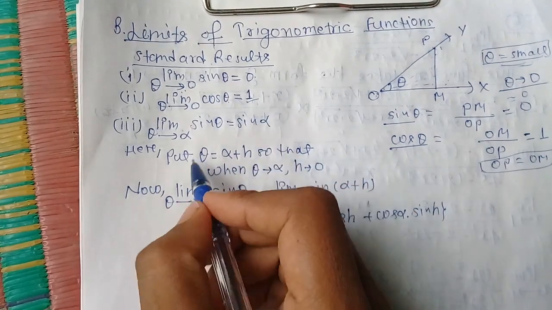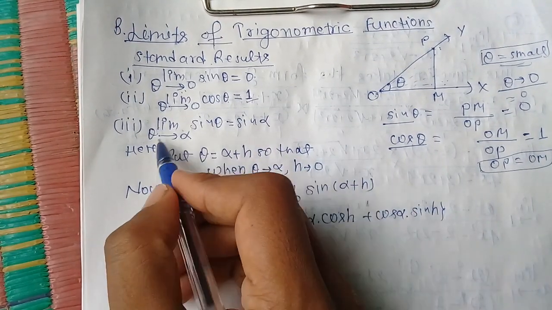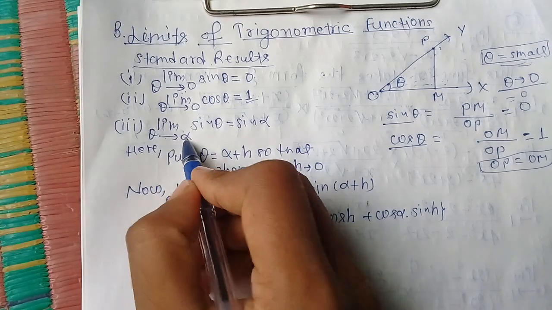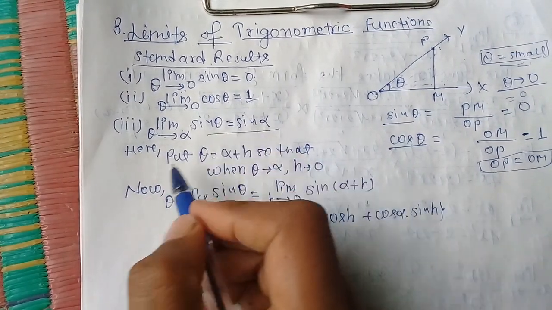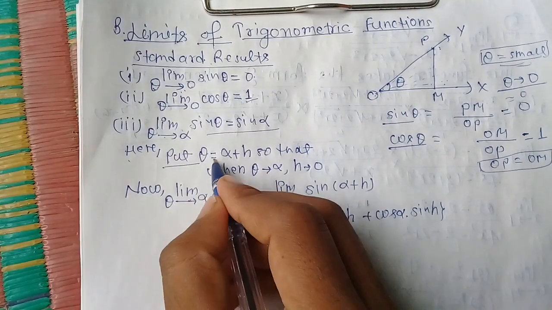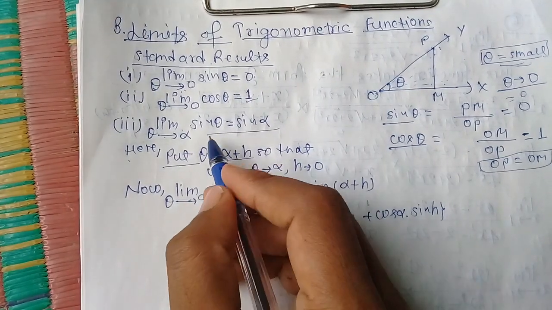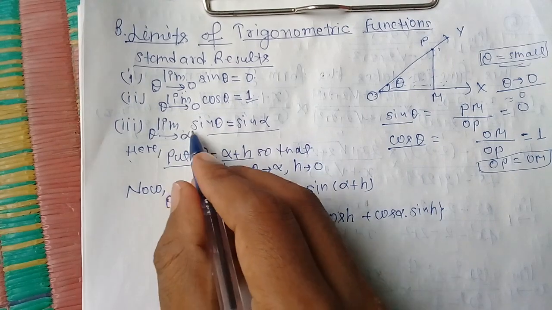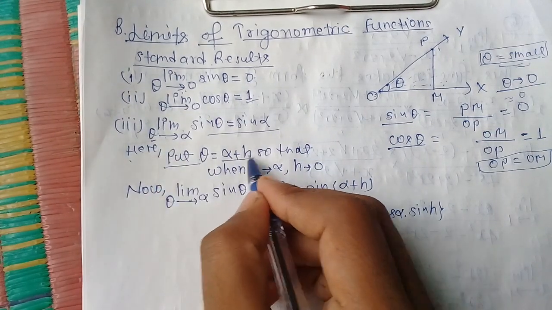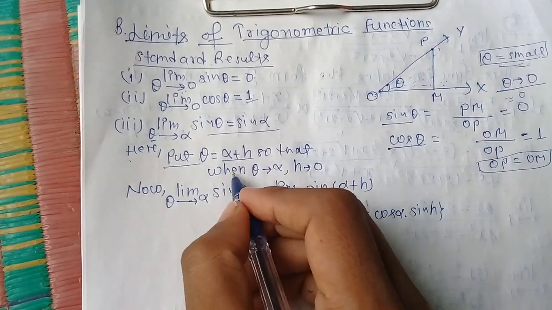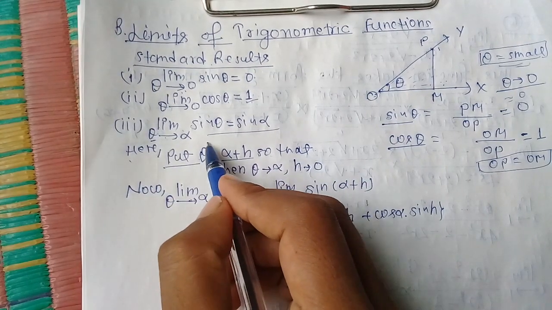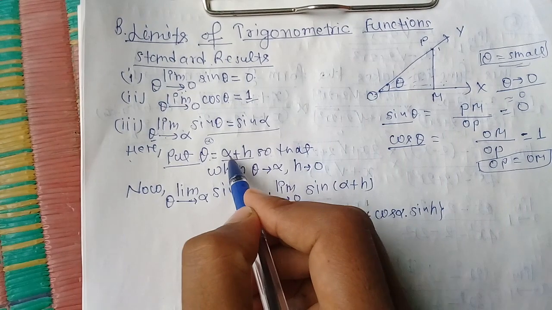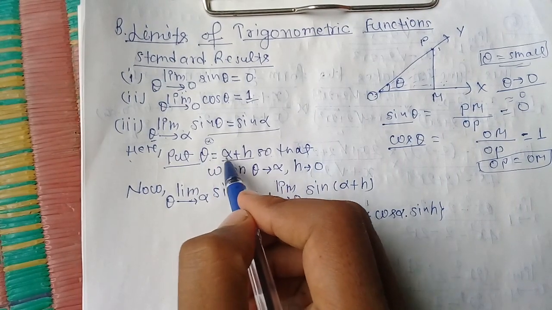Now next, limit theta tends to alpha of sin theta is equal to sin alpha. So here put theta is equal to alpha plus h, so that when theta tends to alpha, this alpha and this alpha cancel out.